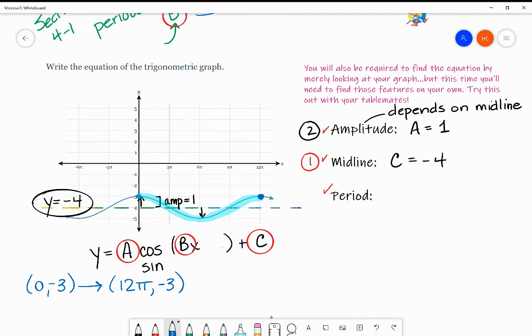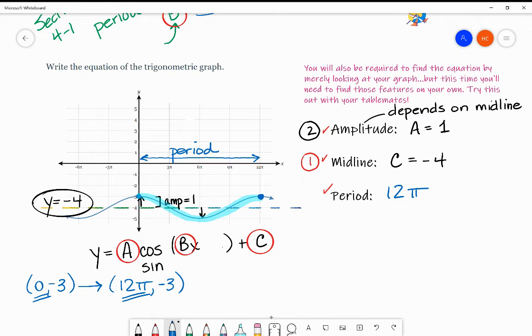My period is the length of that period, and by length I mean horizontal. That's the length I'm talking about. That is called the period. So if I started at 0 and I ended at 12 pi, I only traveled 12 pi units. So period is going to be 12 pi.